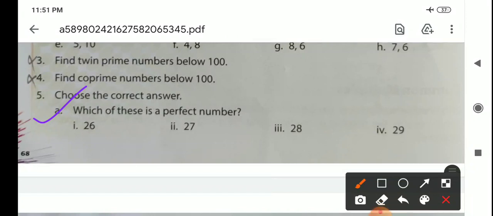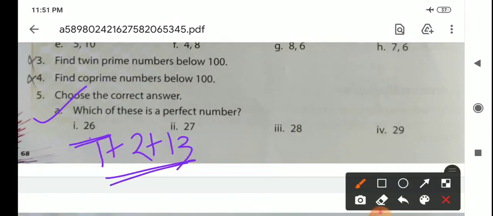So you check, you find out all the factors. Suppose 26. Factors are 1, 2 and 13. Here if we add these 3 numbers, we don't get 26. So 26 is not a perfect number. Like this you check 27, 28 and 29.